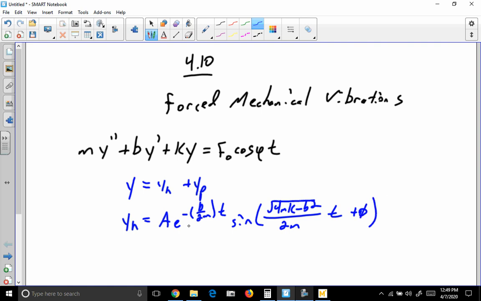And remember, A and phi are just constants. Phi has to do with the phase shift. At what part of the cycle are we starting? A has to do with the amplitude.